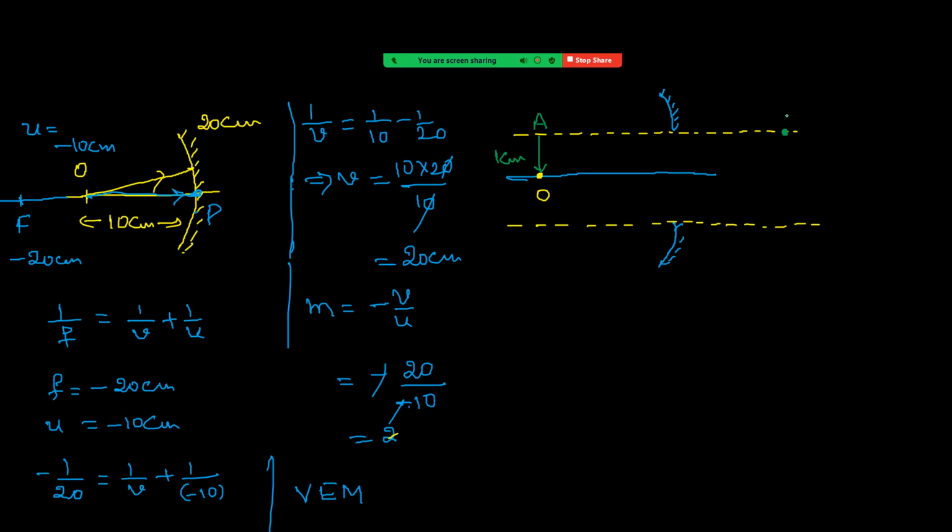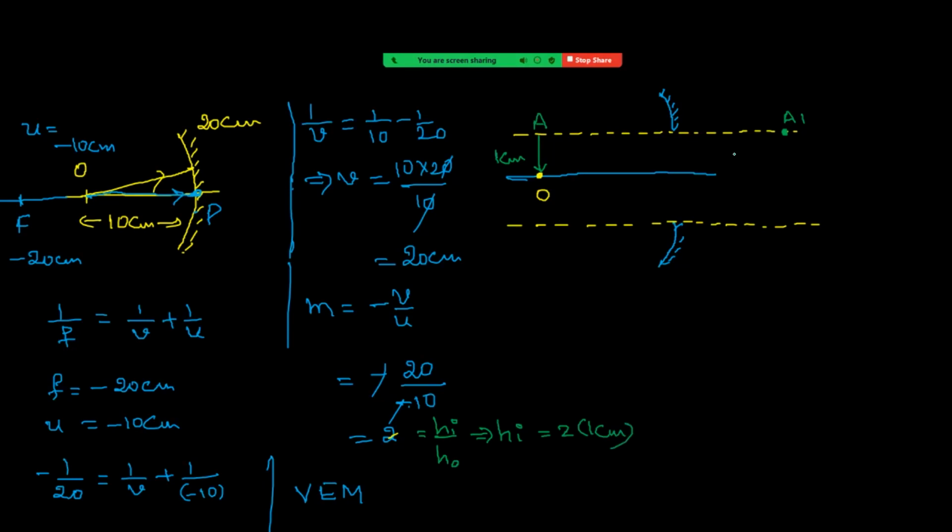I am taking it as A1. Since the object is now 1 centimeter, the image will have a height of 2 centimeter because magnification is 2, which is height of image by height of object. That means height of image will be 2 times height of object.